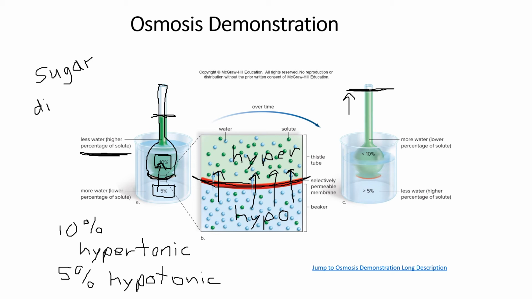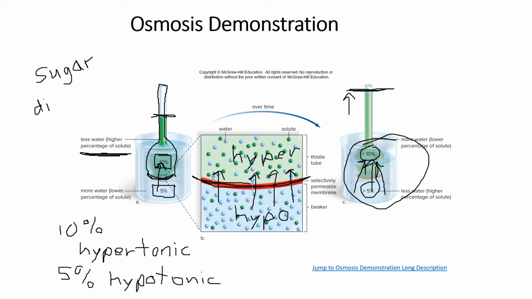So water will diffuse down its gradient to the hypertonic compartment and dilute out that sugar. Depending on your difference, you may never hit equilibrium. But ideally, water would continue to move into the thistle tube until these percentages equaled out.